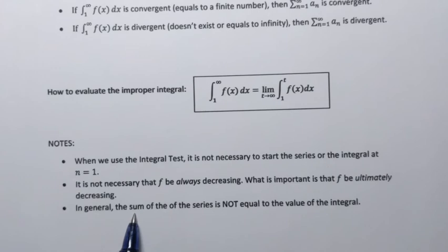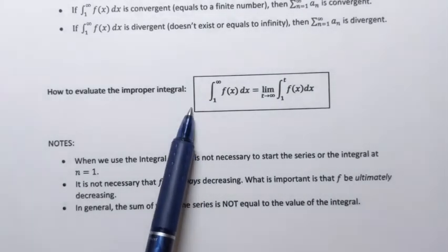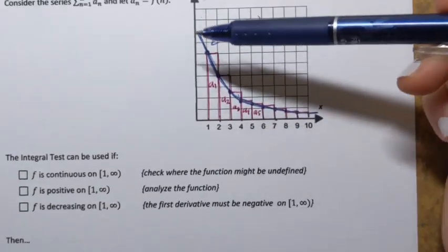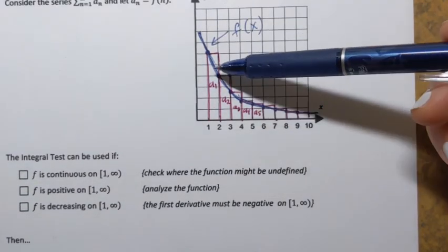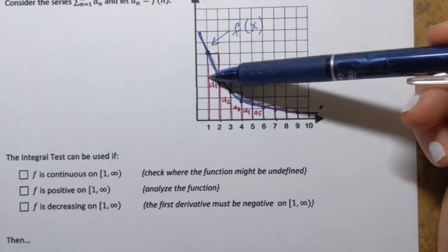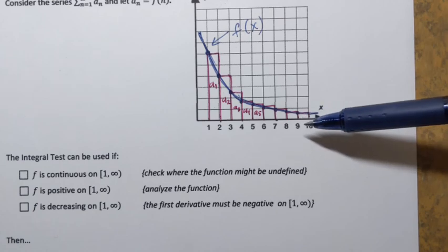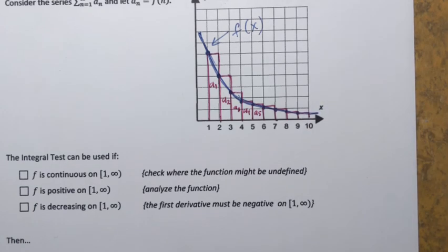And finally, in general, the sum of the series is not equal to the value of the integral. So what is the value of the integral? The value of the integral represents the area under this curve from 1 to infinity, right? All that infinitely large area. So that's the value of the integral. And then the series itself can be a larger number or smaller number in general.